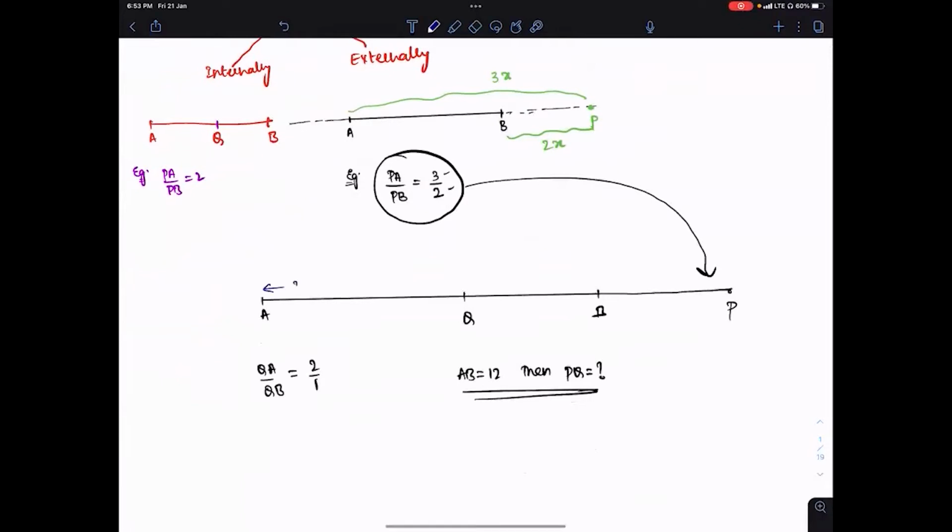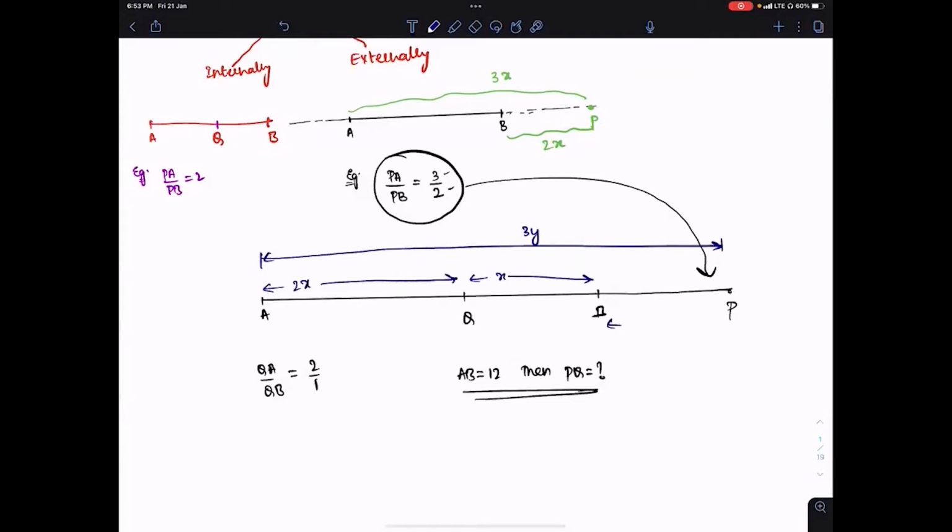So if this is 2x, then this will be x. Correct? And then P divides A and B in the ratio 3:2, so that means if this is 3y, then this will be 2y.